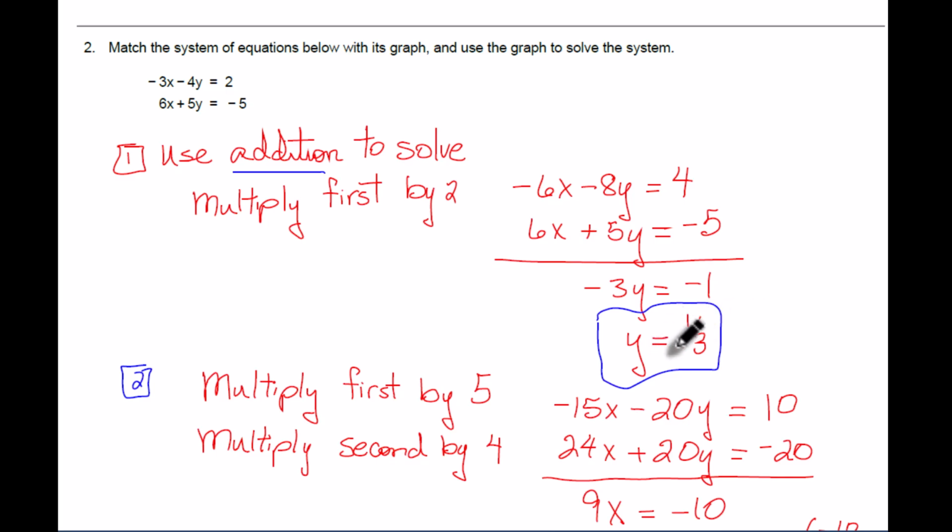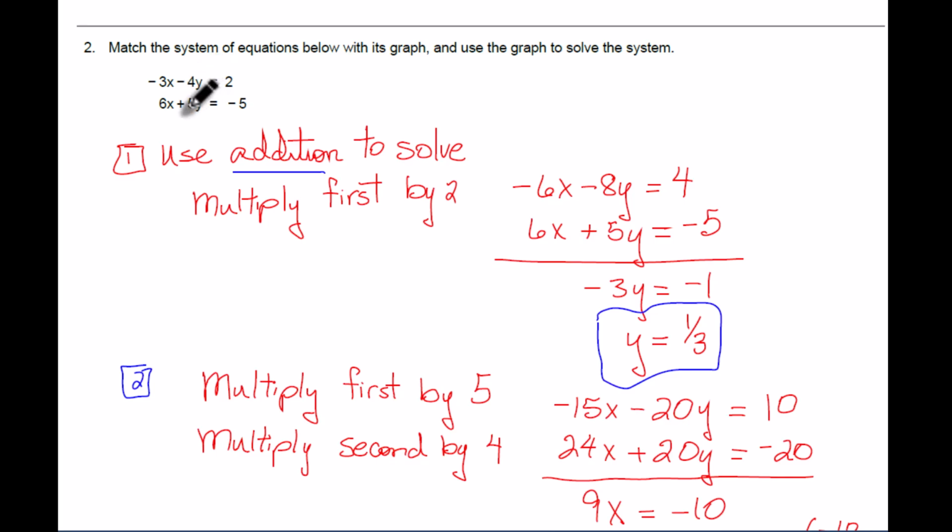Now I could plug that y back in and solve for x, or I could do the same trick where I got rid of the x's. I now focus on getting rid of the y's. I've got a minus 4 and a 5. I'm thinking if I multiply this one by 5, I'll get a minus 20.